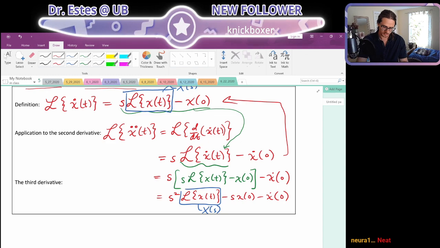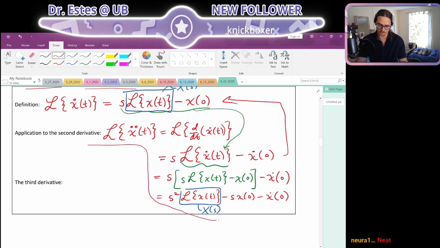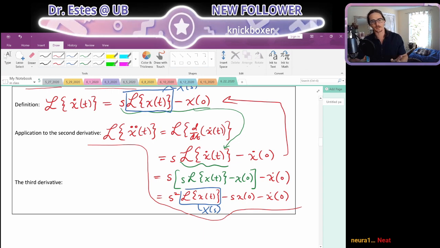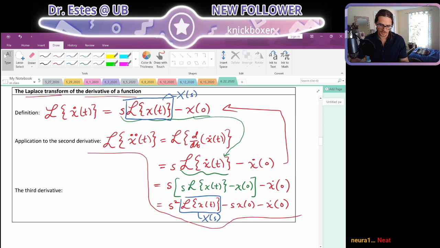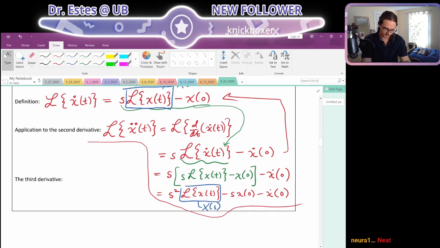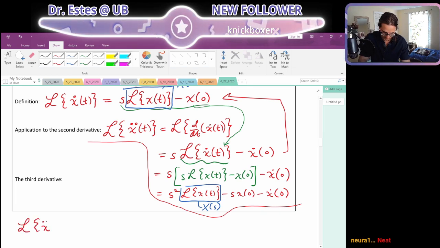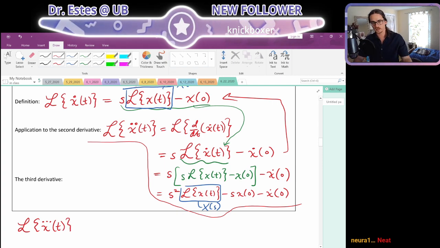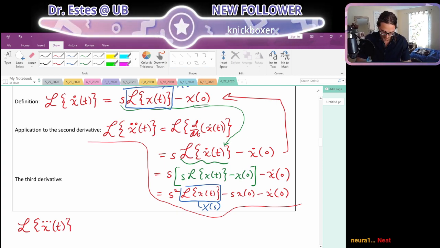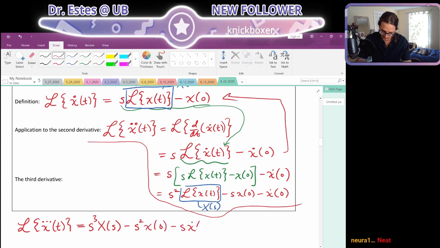Okay, now I'm going to show you the Laplace transform of the third derivative, and after this, I think you're going to see a pattern. The Laplace transform of x triple dot of t, I'm just going to skip right to the end. It's going to be s cubed X of s minus s squared x naught minus s x dot naught minus x double dot naught.